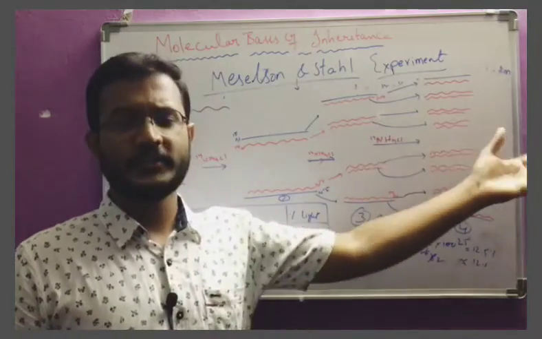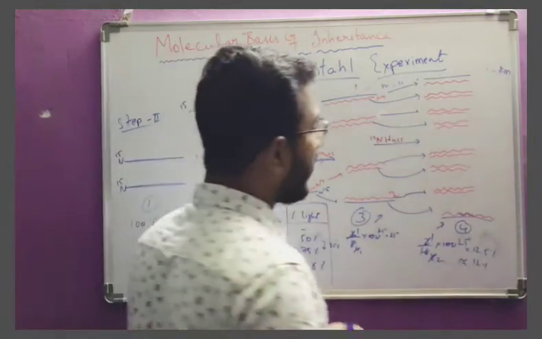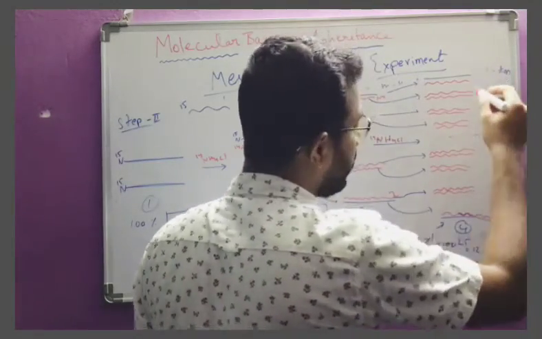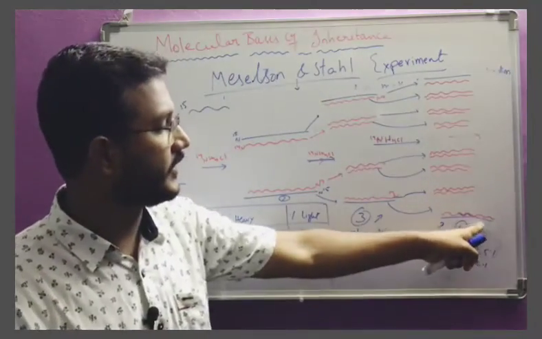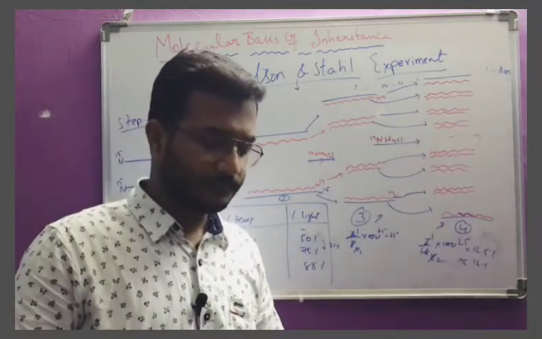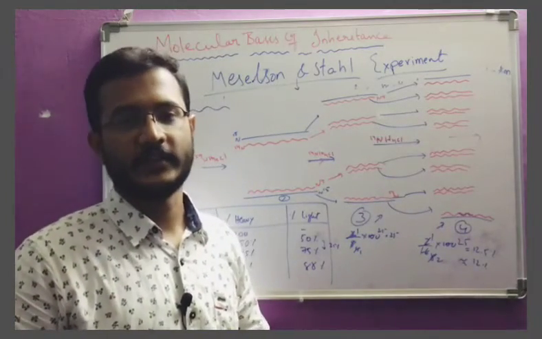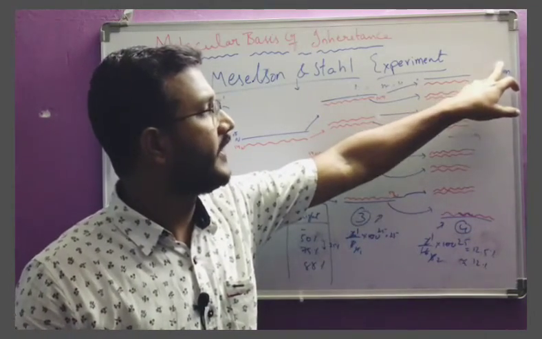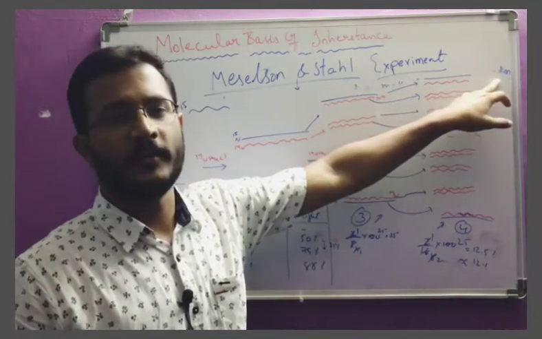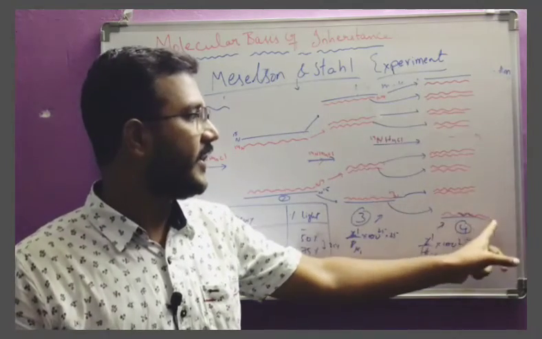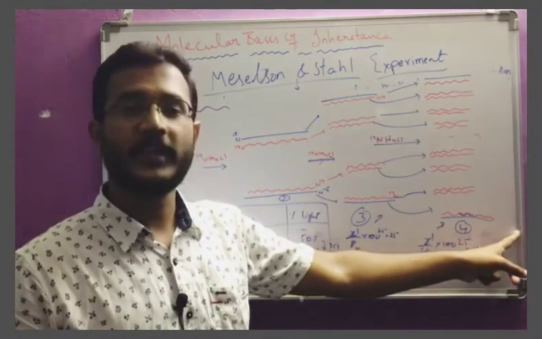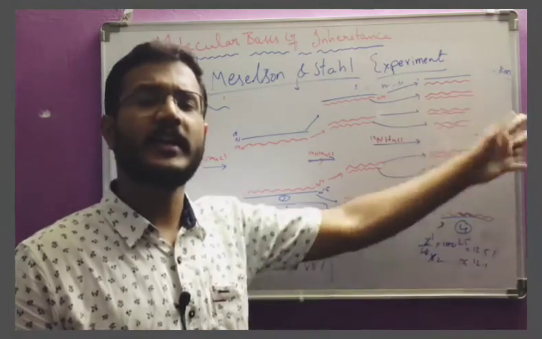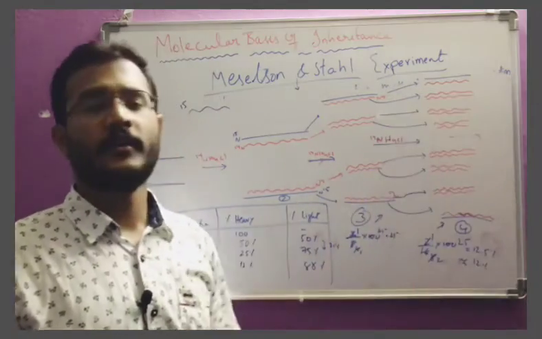Slowly, how many generations can we take? For example, if you take the new generation, another generation, this will continue. So each and every generation will continue this, and the remaining will be the new strands. So simply you can take from this, it is only N15 and the new one will be N14, and the remaining all are N14, and again this N15 will remain the same and the new strand will be N14. So how many generations they can take, you can simply calculate it.